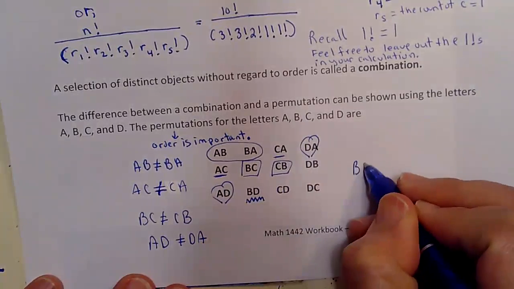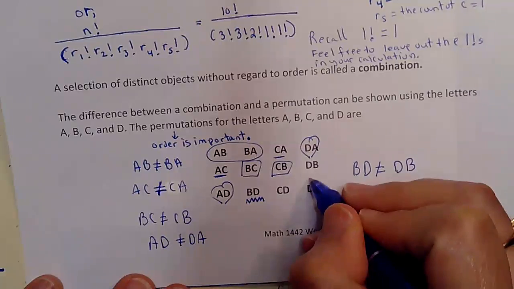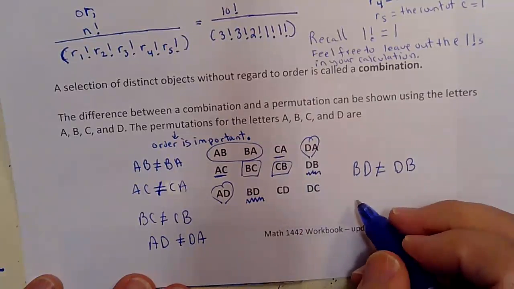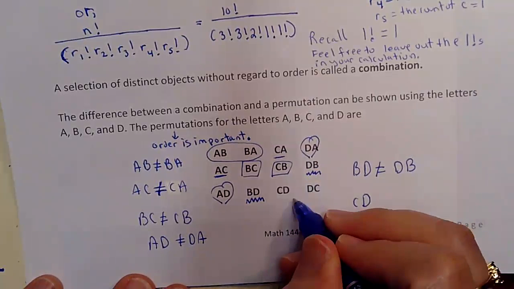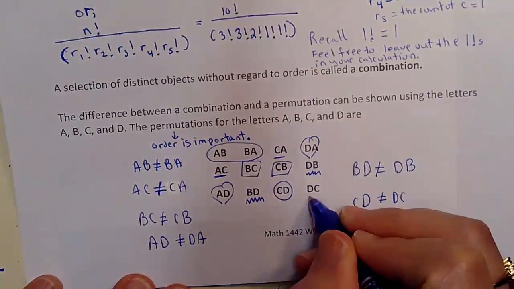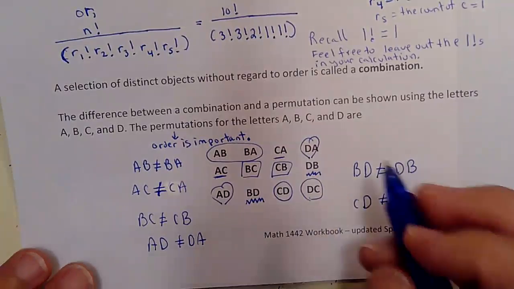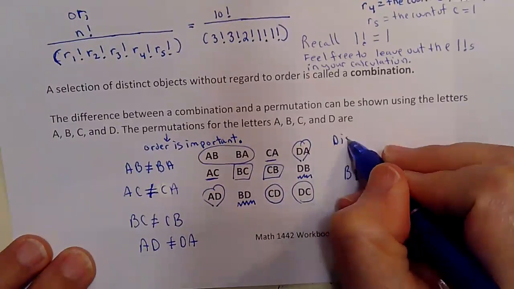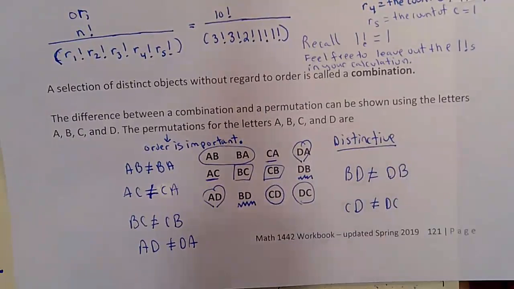BD is not the same as DB. And lastly, CD is not the same as DC. Right. So their order is important and they're all distinctive. That's what that little demonstration is.